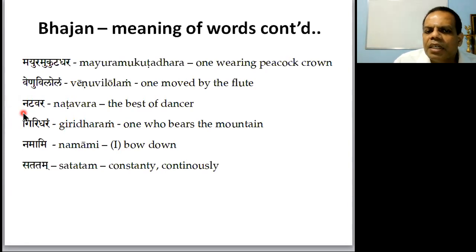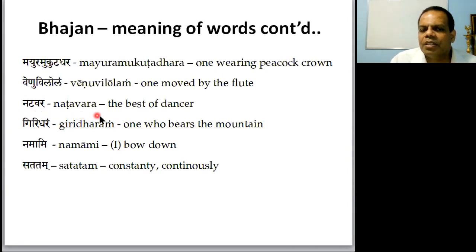The next word is Nata Vara. It's pretty simple vowels, consonants. Nata means dancer. Vara means the best. Okay. Whenever you see Vara at the end of any word, it basically means the best of that.